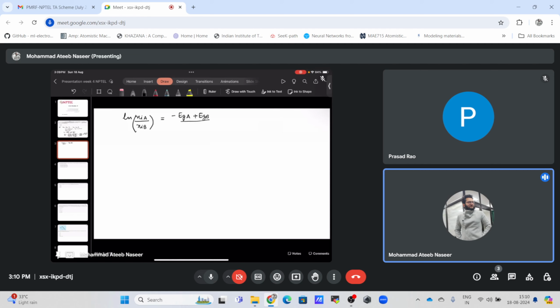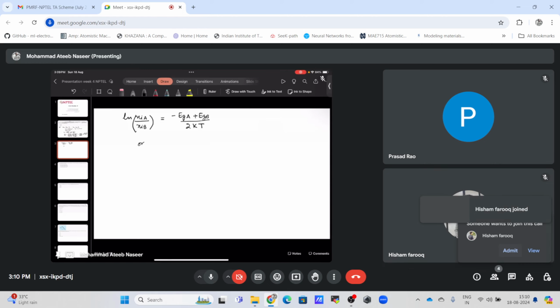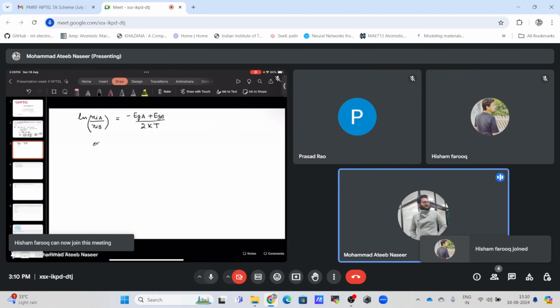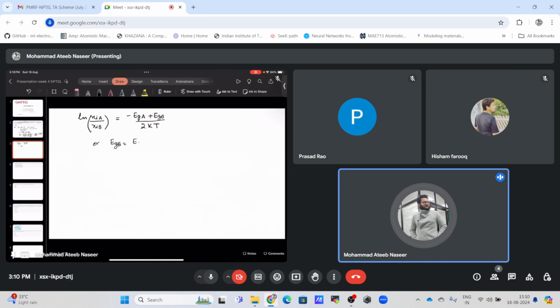Or simply we can say that this Eg of B is simply Eg of A plus 2kT ln of Ni of A, that is the intrinsic carrier concentration of material A divided by intrinsic carrier concentration of material B.